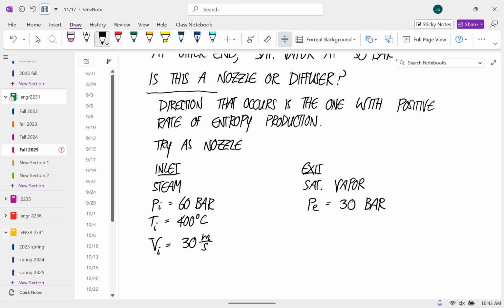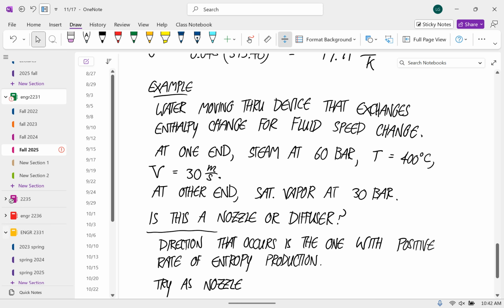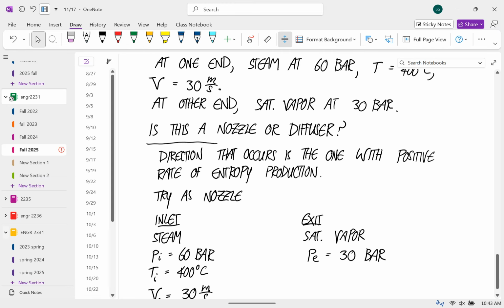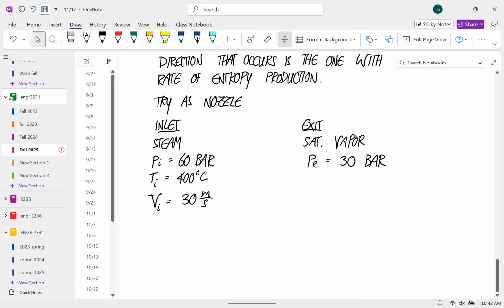Well, we don't know the speed at the exit. So what are some things that you could think of to calculate the speed at the exit?